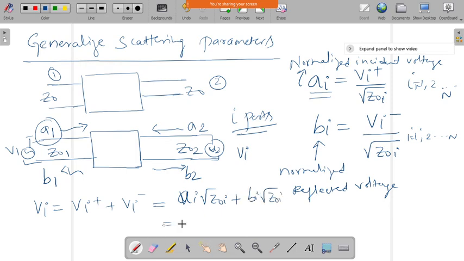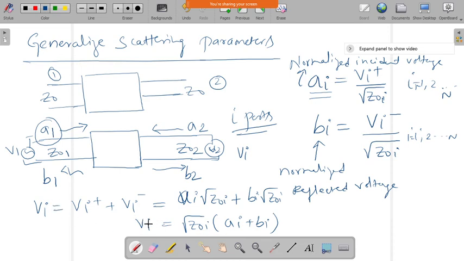So we can write it as root of ZOi into (Ai plus Bi). This is the general Vi, the total voltage at port i, whether i equals 1, 2, 3, whatever it is.